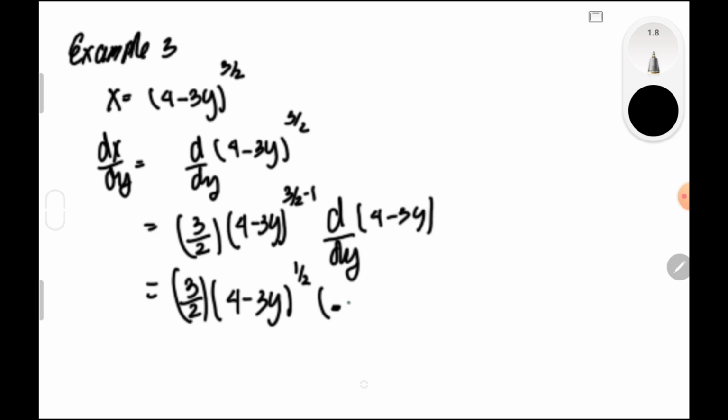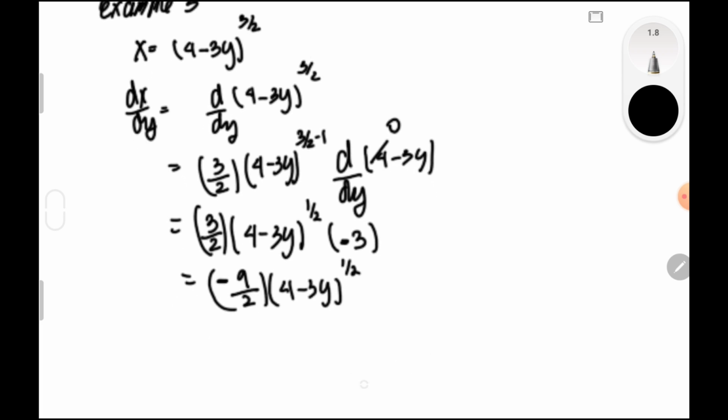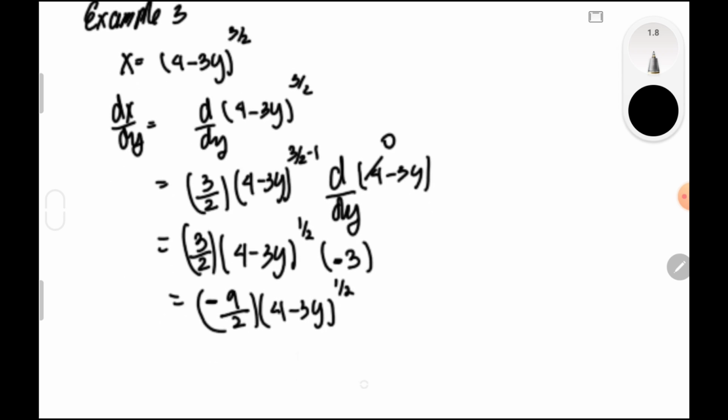The derivative of 4 is 0, and the derivative of negative 3y is negative 3. So from this we'll have a value of negative 9/2 multiplied by 4 minus 3y raised to 1/2. So from this we have our dx over dy.